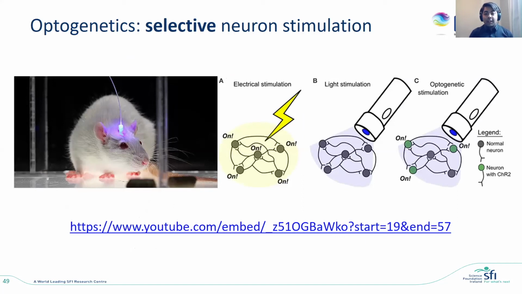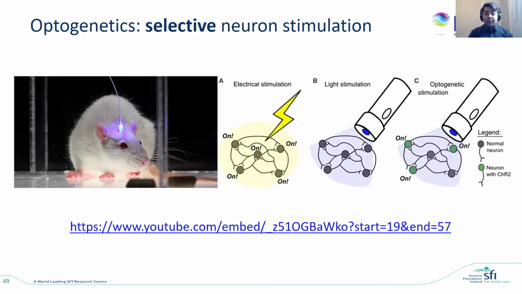In this case, it's a bit different from the neuron stimulation that was proposed in the past. With electrical and light stimulation, usually you have an area that stimulates all the neurons. But with optogenetics, you modify the organism genetically so that some neurons will produce a certain molecule that will have a specific absorption, and you can either stimulate or inhibit a particular type of neuron.